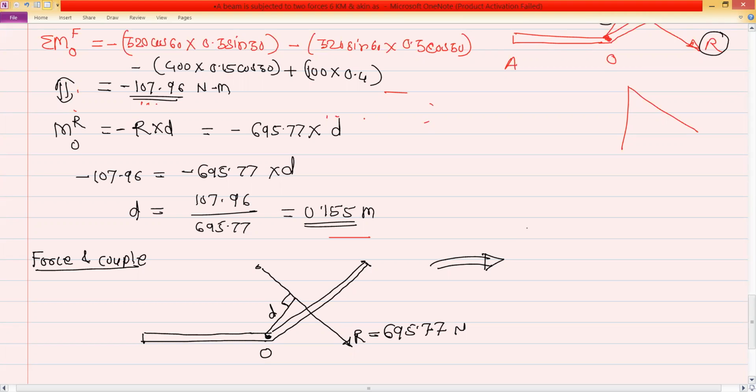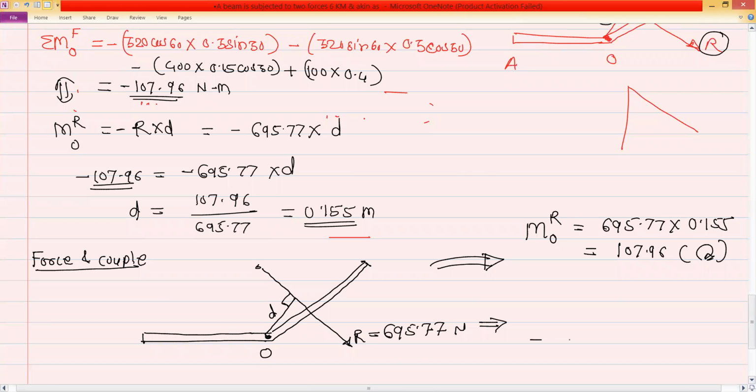First we will write down the moment by the resultant about the point O, which is equal to 695.77 into the distance 0.155. So this moment will be the same, 107.96, and this is clockwise. So your equivalent diagram is called a force and couple diagram.